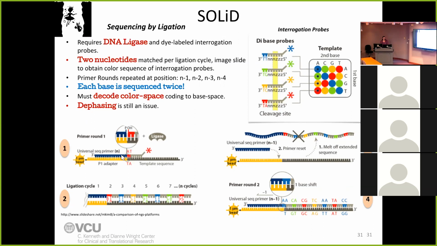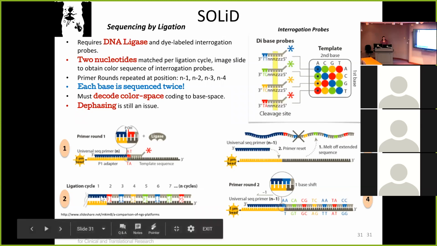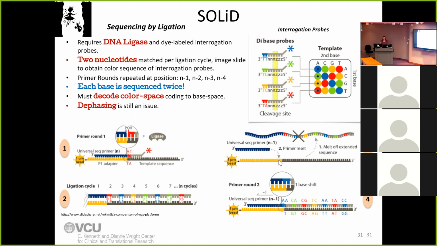What they do is they go in rounds and ligate these dye-based probes to your fragment, and it also measures the color sequence, but you'll notice not all the bases are interrogated during any one cycle. So they actually shorten their primer by 1, and so it ends up moving down 1 base pair each time.